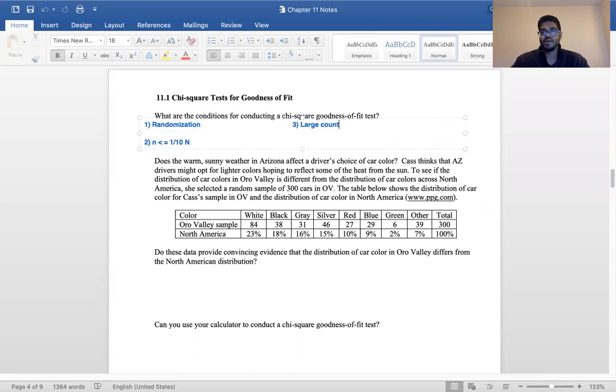Before we looked at n times p and n times 1 minus p being greater than 10. Here, for chi-square, all expected counts need to be greater than 5.